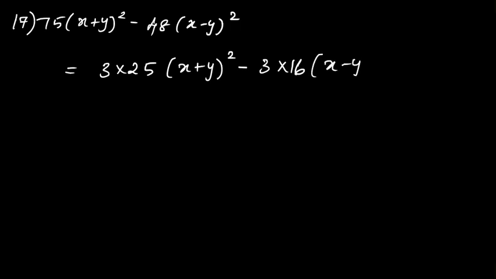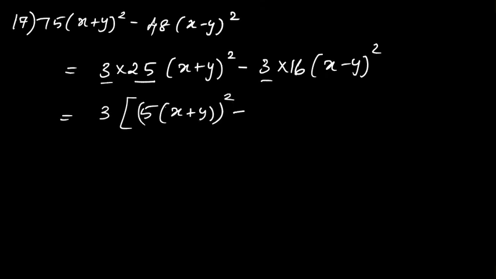Here 25 can be written as 5 square, and similarly 16 can be written as 4 square, and we can take 3 as common. So when we take it out, 3 into [(5 into (x + y)) the whole square minus (4 into (x − y)) the whole square].